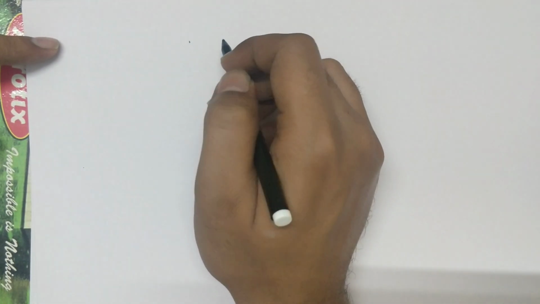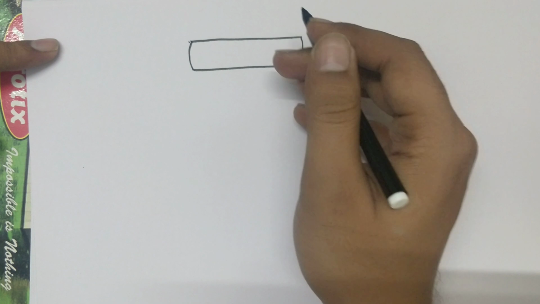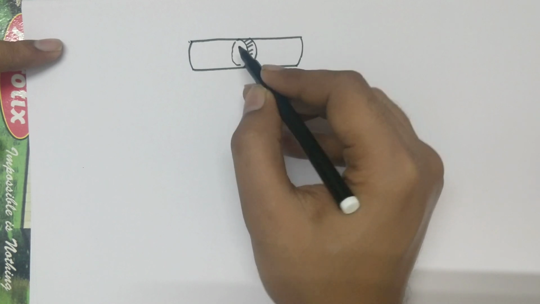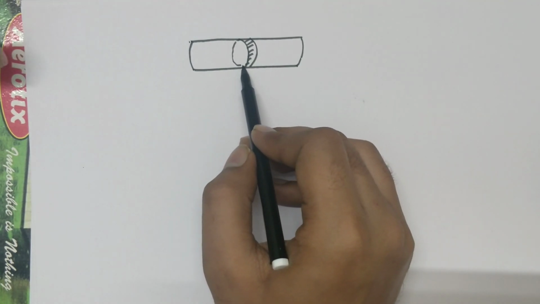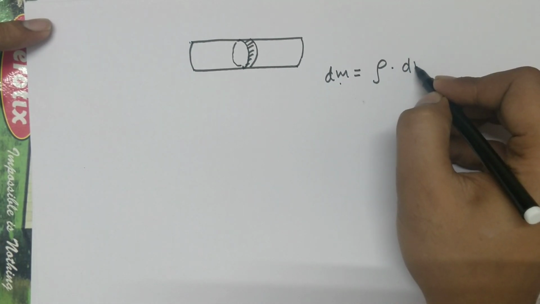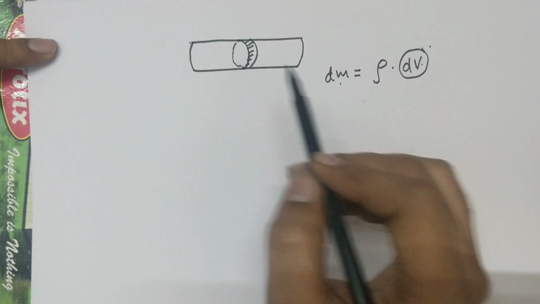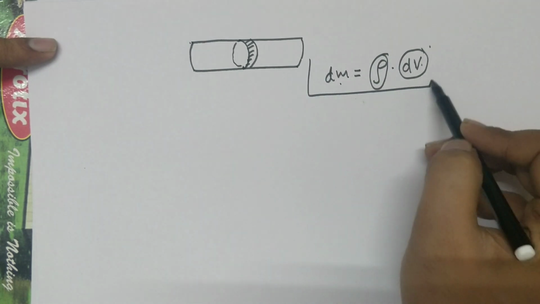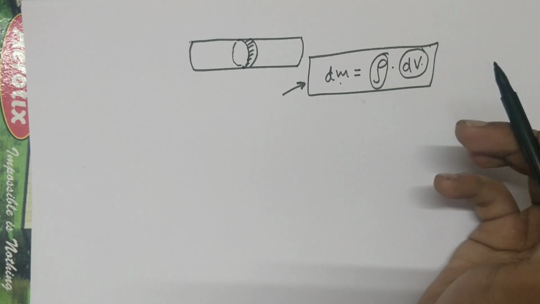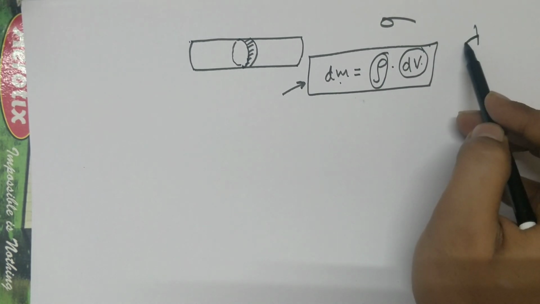If you want to calculate the mass of a 3D body that has some volume, suppose this is a cylindrical piece that has some radius as well as height, so it's a 3D body, we will use the concept mass equals density into volume. If dV is the volume of this small portion, we will use rho as the volume mass density, sigma is area mass density, and lambda is linear mass density.